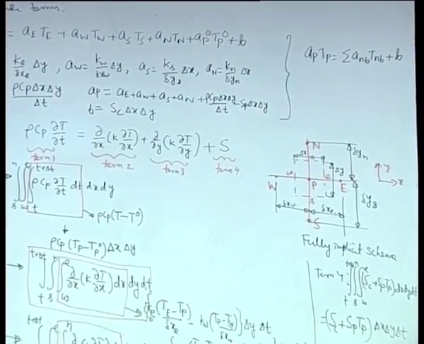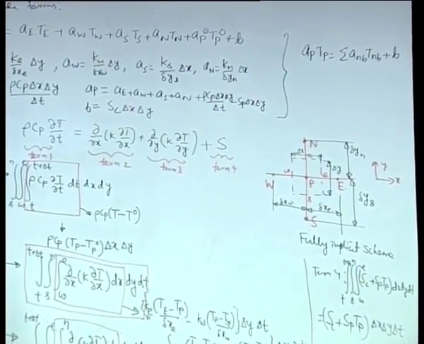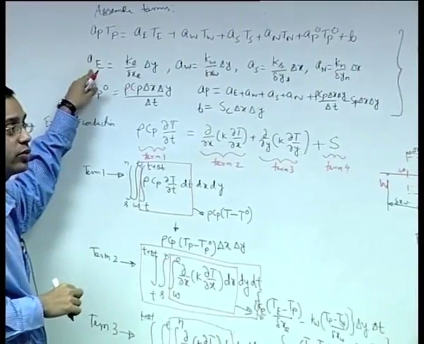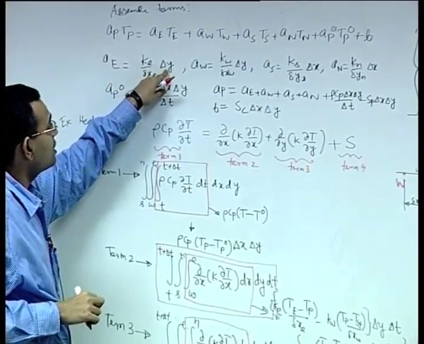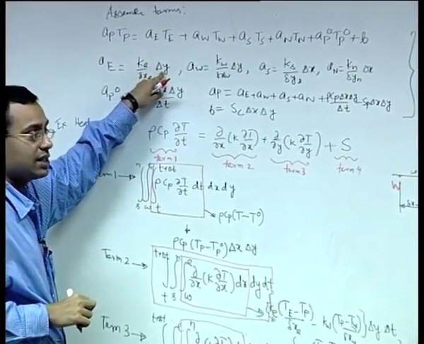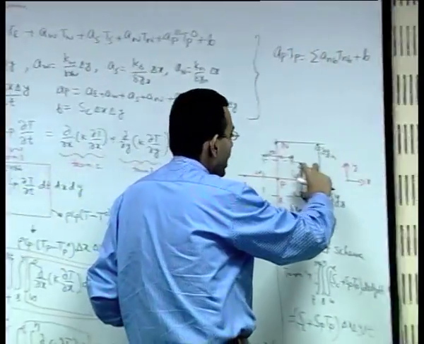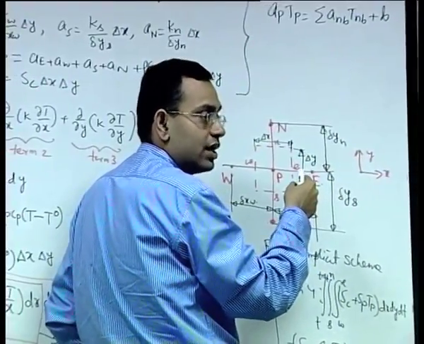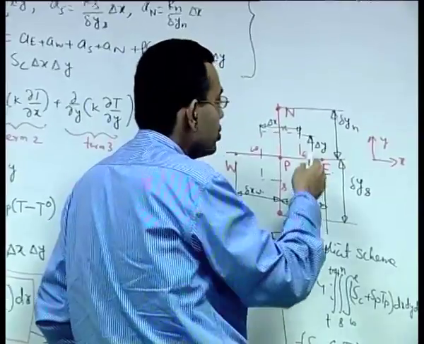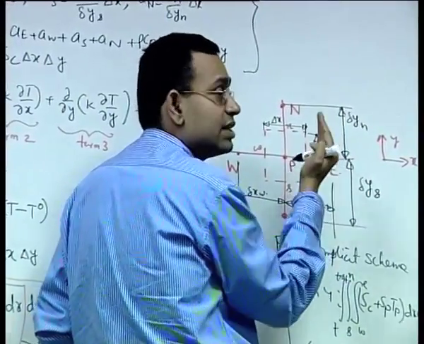Second observation is that you can see the physical significance of various coefficients. What is this AE, for example? What is this delta y? Delta y is, so this length is delta y, length perpendicular to the plane of the figure is 1. So, unit width is considered. So, delta y into 1 is the area of this face.